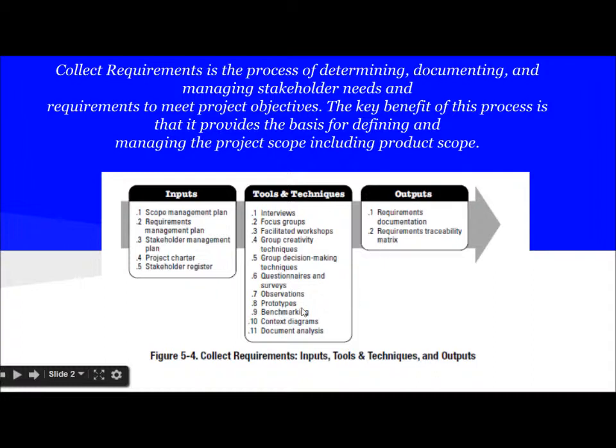The tools and techniques are interviews, focus groups, facilitated workshops, group creativity techniques, group decision making techniques, questionnaires and surveys, observation, prototypes, benchmarking, context diagram, and document analysis. The outputs are requirements documentation and requirements traceability matrix. So guys, I hope you got some idea on the process collect requirements.